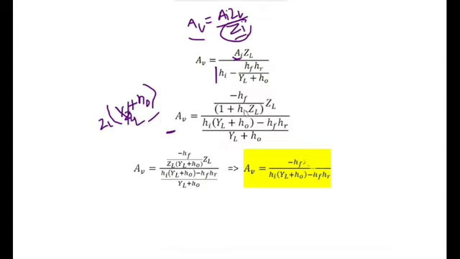So we have replaced this with YL plus HO. Then these two terms will get cancelled, and if you take this ZL common, these two ZLs will cancel, and then we get only this equation.